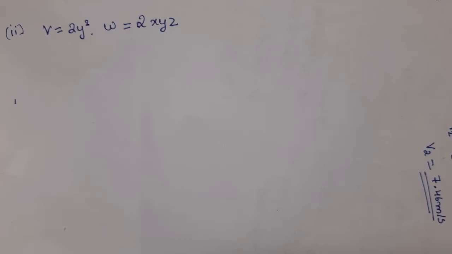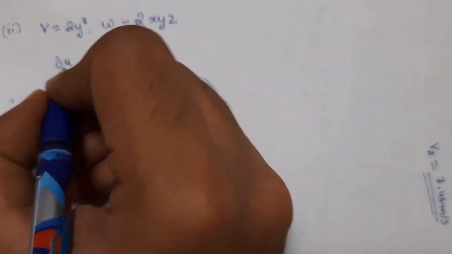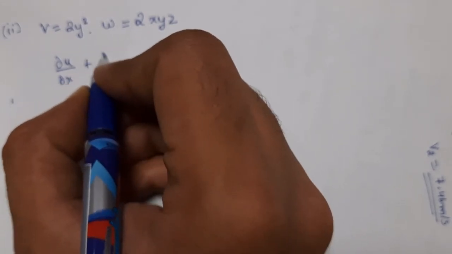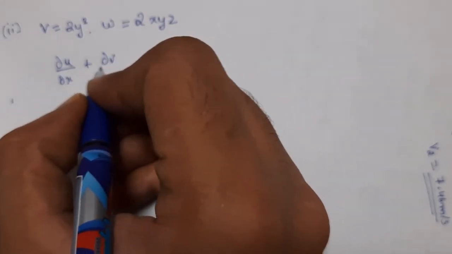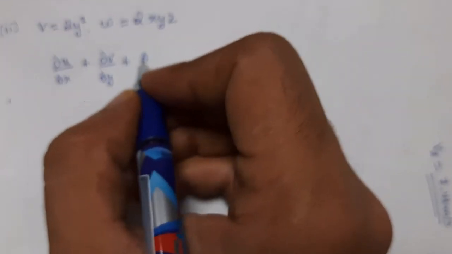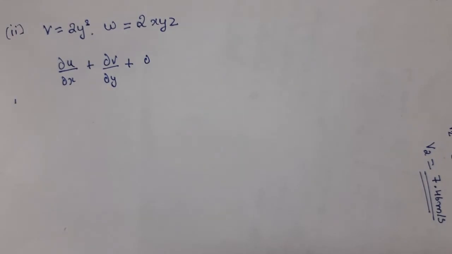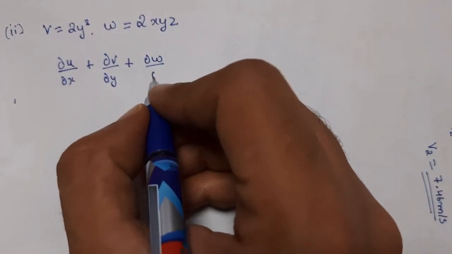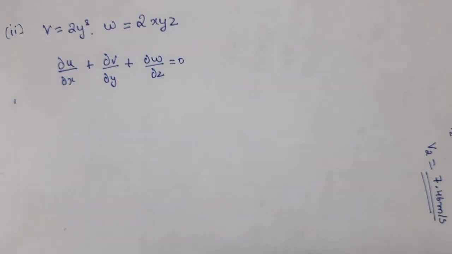Now in the second case, similarly, dou u by dou x plus dou v by dou y plus dou w by dou z is equal to 0 here.